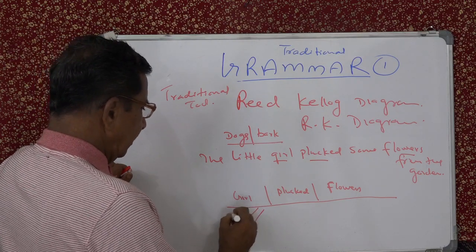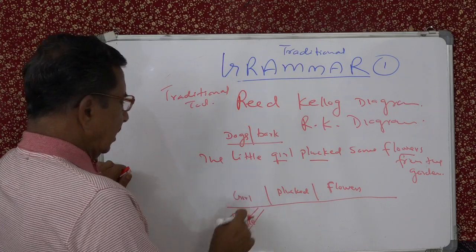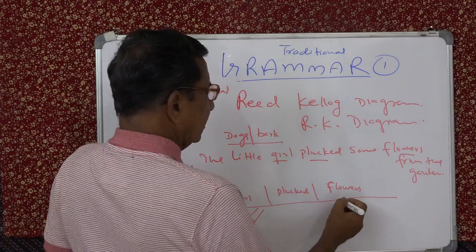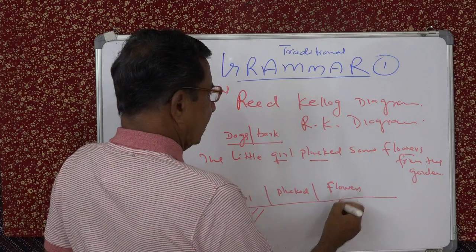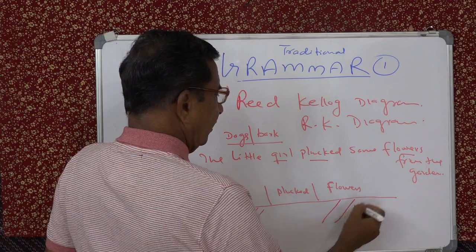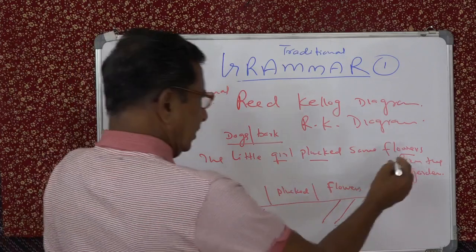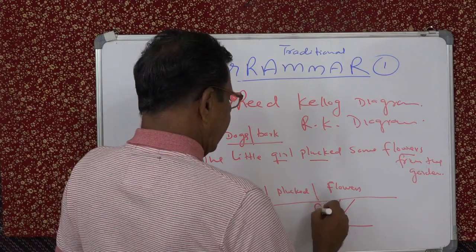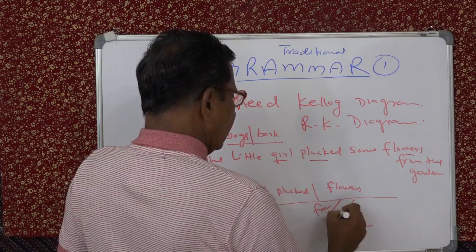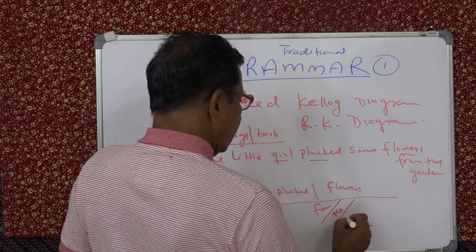So the little goes with the girl. The girl plucked some flowers from the garden. Some goes with flowers, and from the garden is attached to flowers.